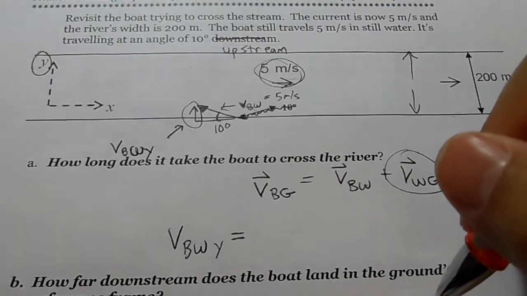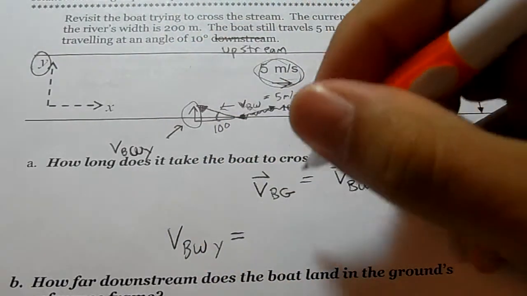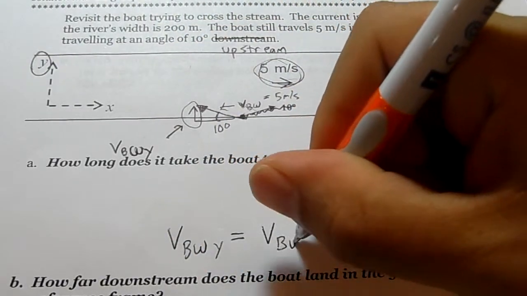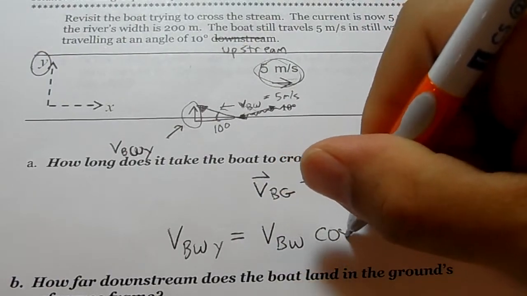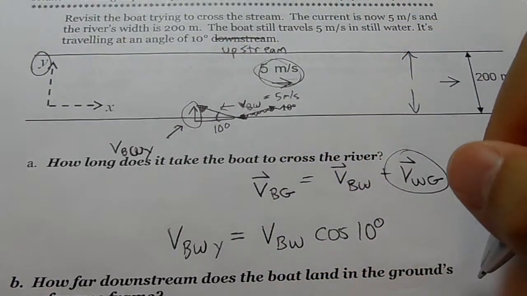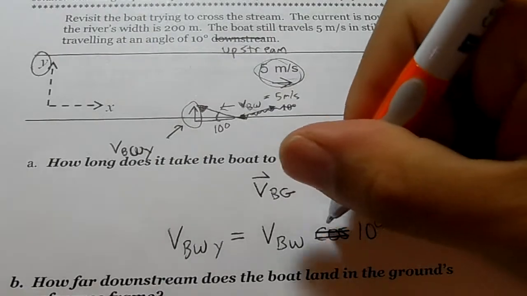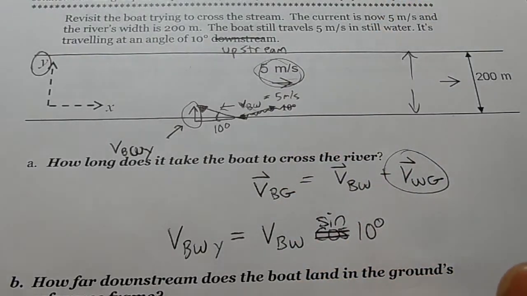So anyway, VBW in the y direction from trigonometry here is the VBW times the cosine of 10 degrees. No, I'm sorry. My mistake. Sine. Opposite of that angle. Sine of 10 degrees.